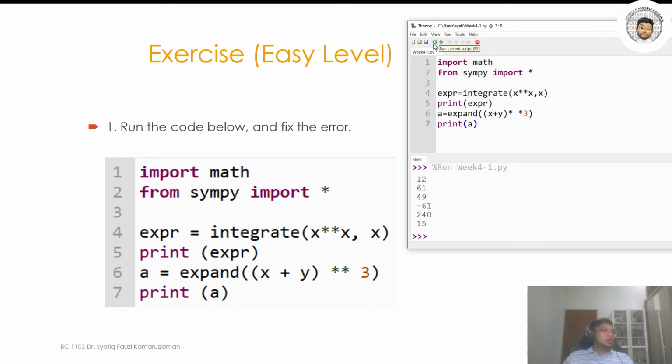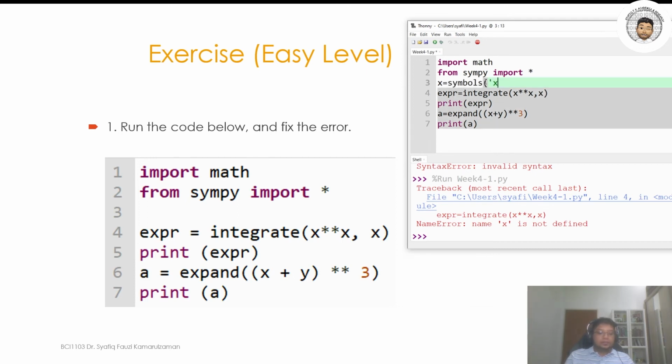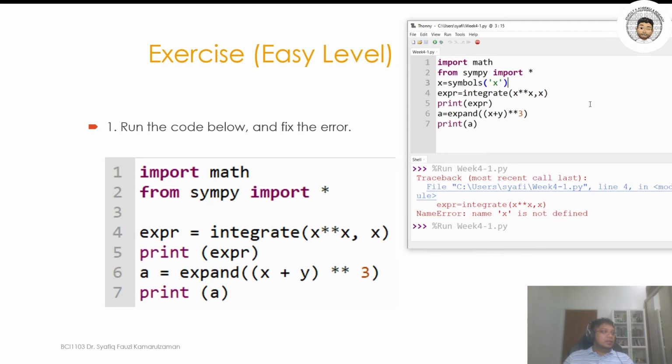So here is one way. Invalid syntax. Let's put some space here. x is not defined. Where is x? Integrate, x is not defined. Supposedly x is equal to symbols x. I got an error; there must be something wrong.